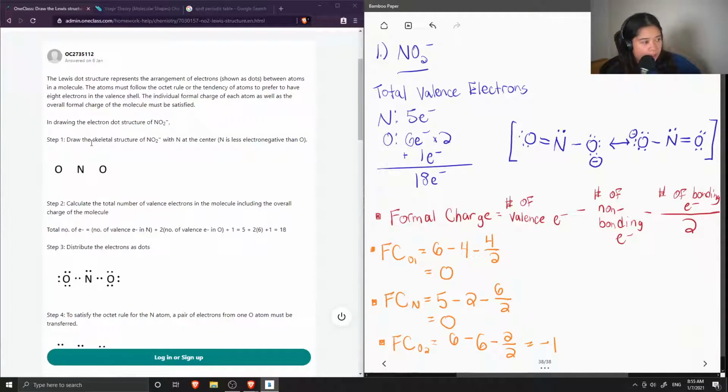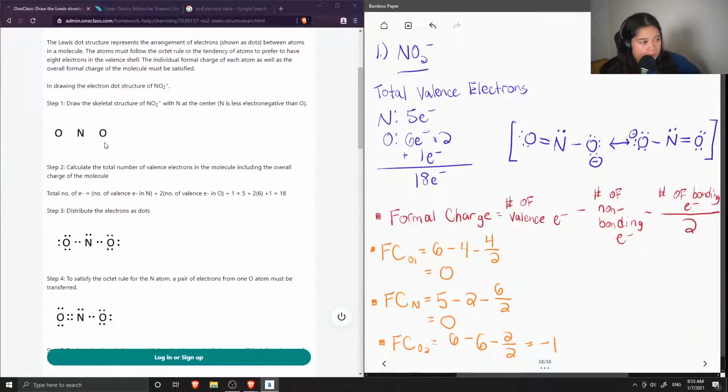In drawing the electron dot structure of NO2-, we first draw the skeletal structure with the nitrogen in the middle. Nitrogen is less electronegative than oxygen. And we can also estimate which atom is the central atom just because there's only one of it and there are two oxygens.